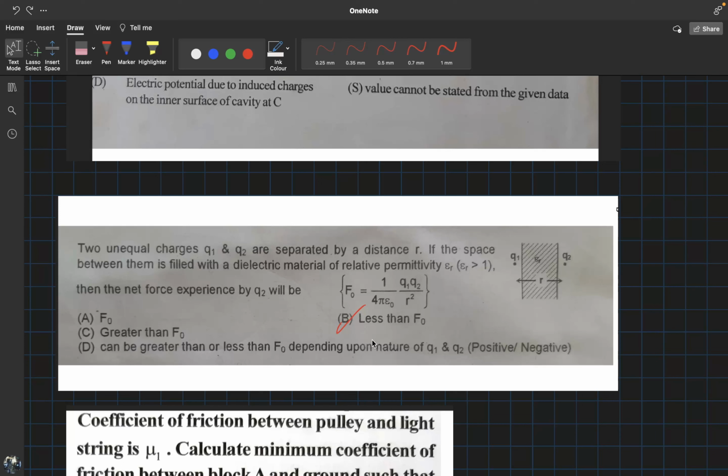So are you saying the number of field lines will reduce, or the density of field lines will reduce? The density of field lines will be higher when it's placed between the two with the dielectric than the density without the dielectric. The number of lines connecting the two will increase, right? I'm not interested in the number, I'm just talking about the number of lines linking with one of the charges.